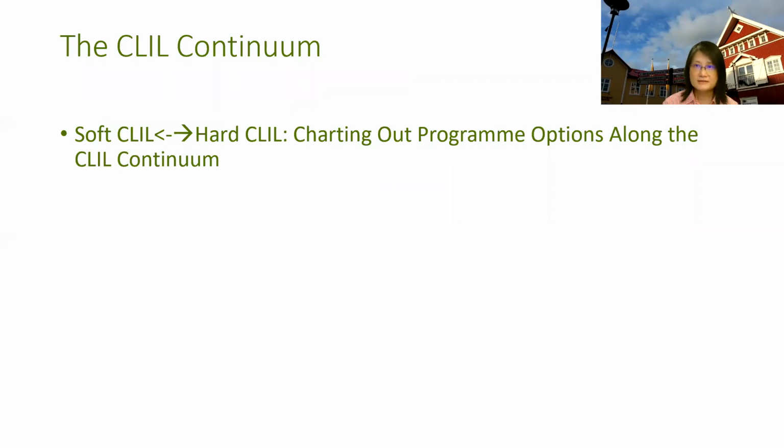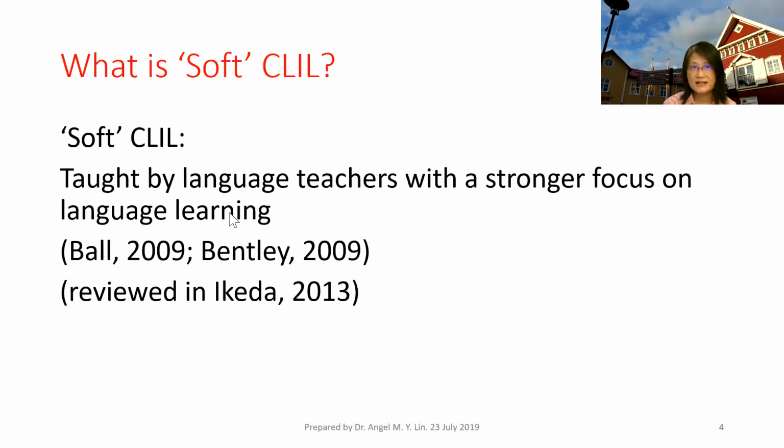Before we talk about the genre theories, I'd like to mention briefly this continuum between soft CLIL and hard CLIL. This is a term first used in Europe. I'll explain what is soft, what is hard. It's not killing you softly. Soft CLIL is taught by language teachers like you.